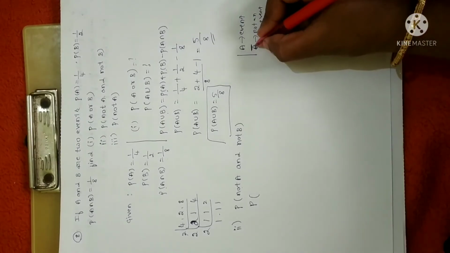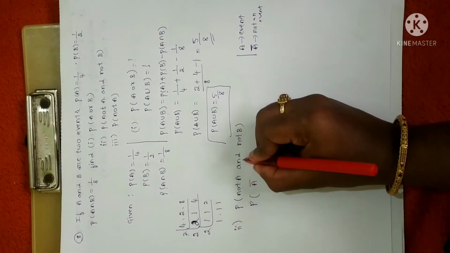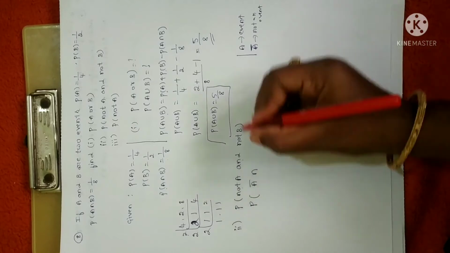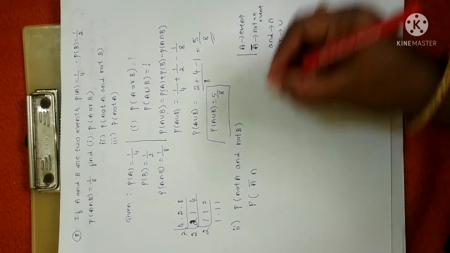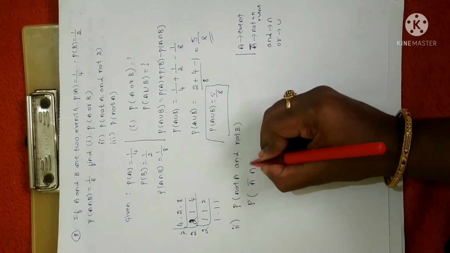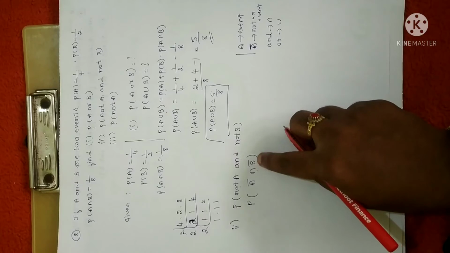So not A means the complement. And whenever you have AND, you have to use intersection. Remember, AND means intersection, OR means union. So intersection, not B in the sense B bar. So you have to calculate probability of A bar intersection B bar.